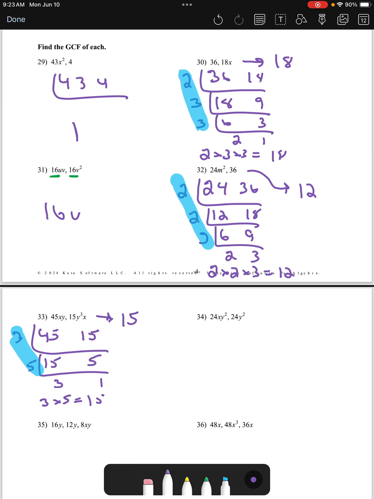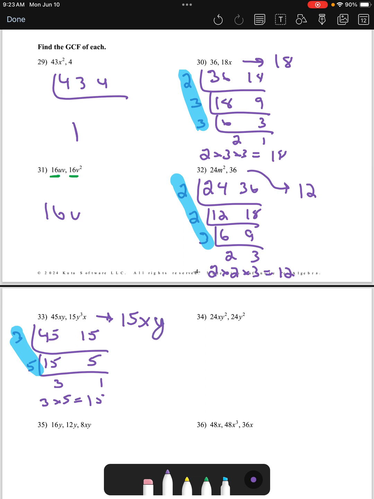So we know we have a 15 as part of our GCF. Now, letters. Do they both contain an X? Yes. Do they both contain more than one X? No. The 45 just has an X. The 15 actually only has an X as well. So X is part of our solution.